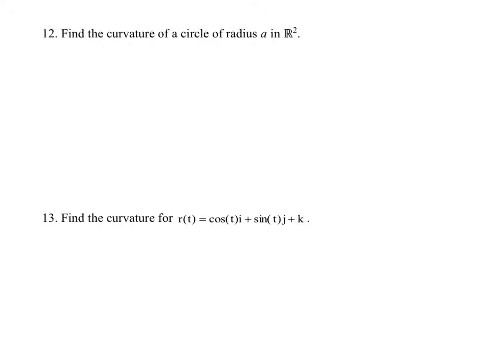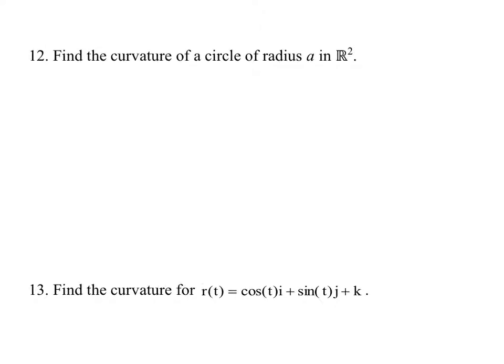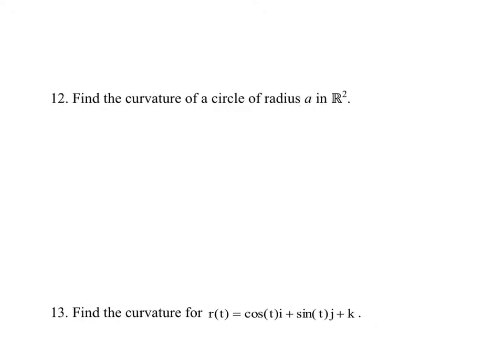So let's take a look at number 12, the curvature of a circle of radius a in R2. All right, so I don't need this because it's general terms. We're looking at r of t is equal to a cosine t, a sine t.